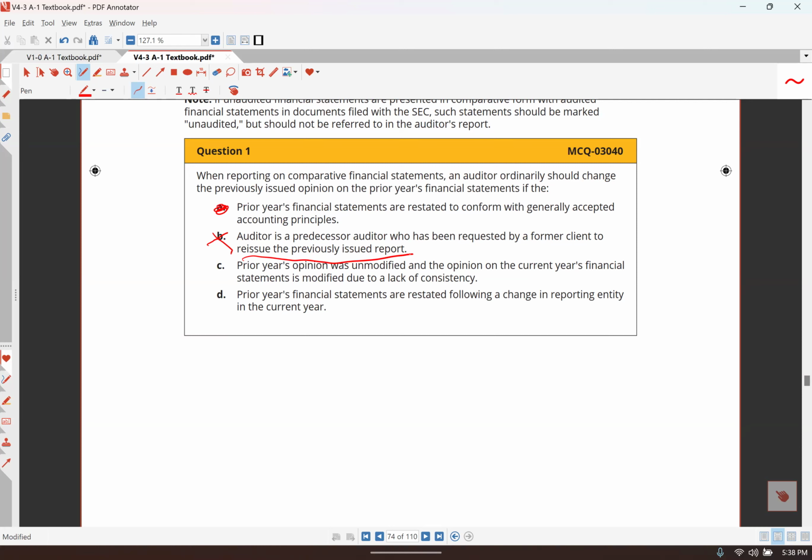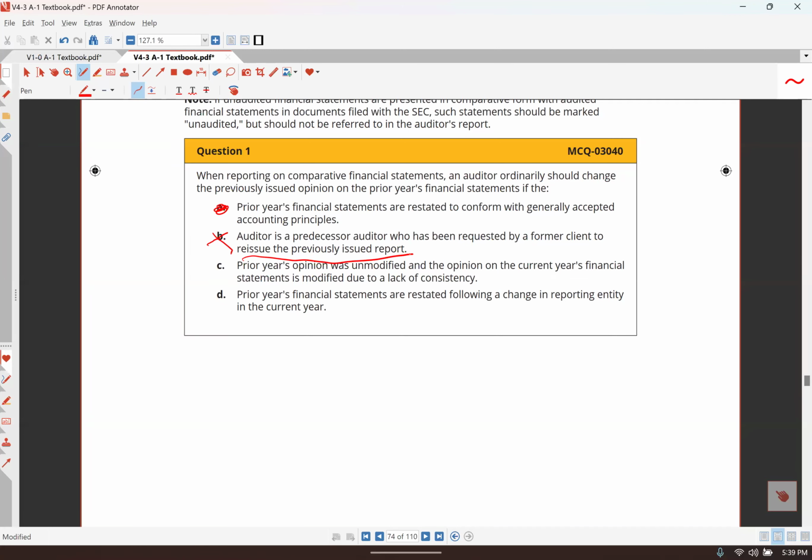Okay. So in other words, let's say the only thing you want me to do is change the date of my report. Let's say you got last year's audit and the date of the report was January 15th. For some reason, you want it dated March 31st.